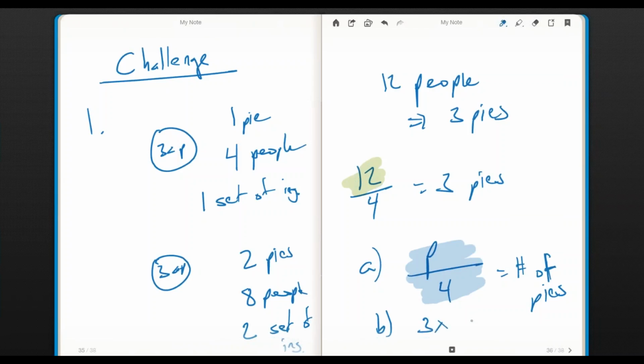So 3 times the number of pies. Now when you multiply, you generally make them both fractions, and multiplication is very simple. 3P over 4 is the number of apples that you have to have in order to make enough pie for P people.